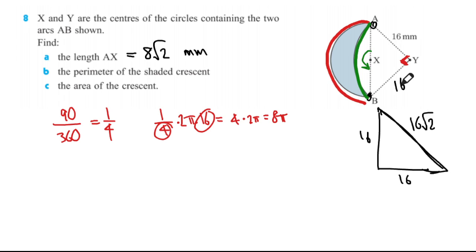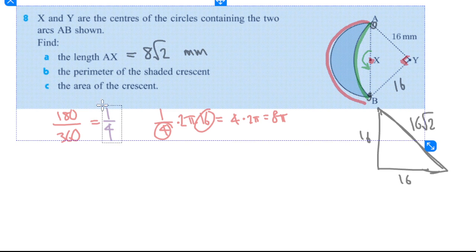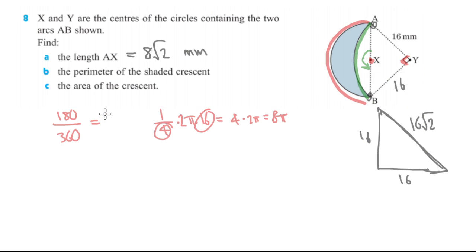Okay, actually, I messed this one up because I'm having a hard time separating these two circles. So the red arc has this red center. You may have picked up on this while I was doing the problem. So that's 180 over 360. This is not 1/4, this is 1/2.